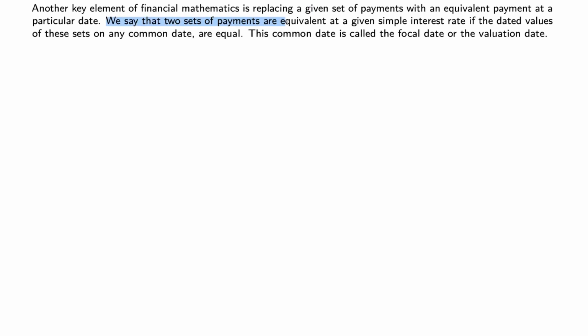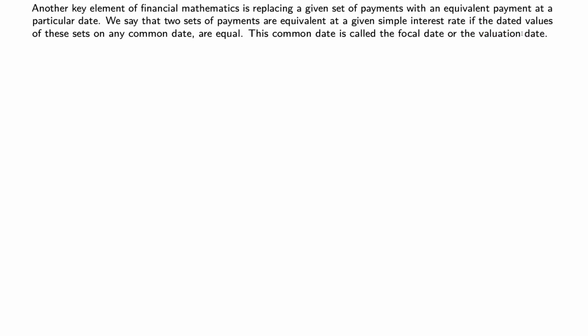We say that two sets of payments are equivalent at a simple interest rate if the discounted values of these sets on any common date are equal. This common date is called the focal date or the valuation date.